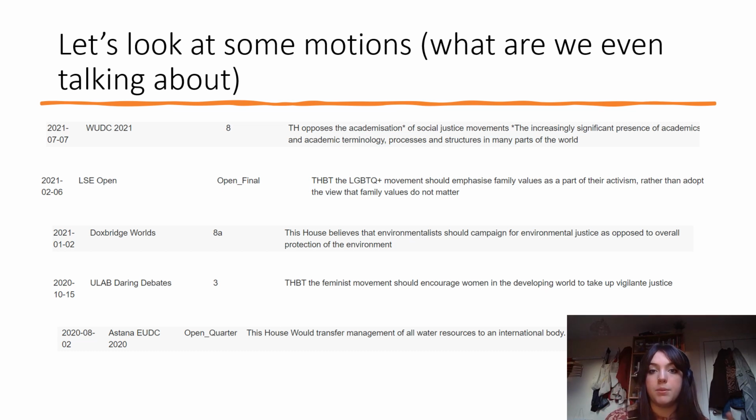And so then it also becomes a question of whether or not international support for vigilante groups engaging in vigilante justice is going to happen. So I think that's my initial thoughts for motion 4.